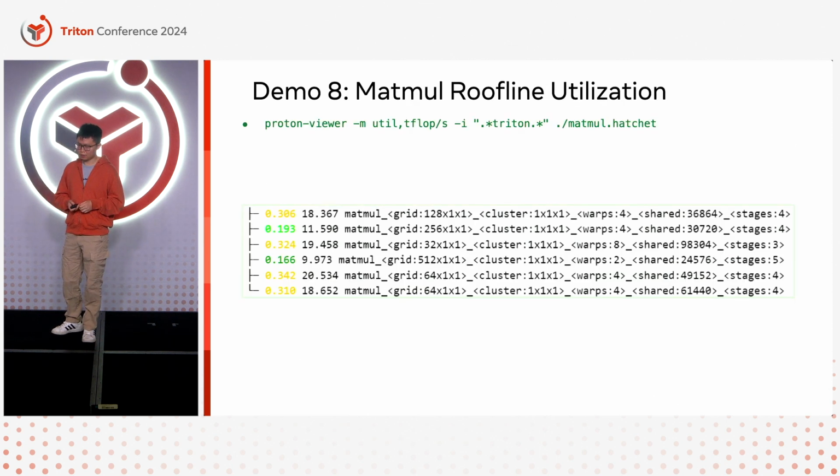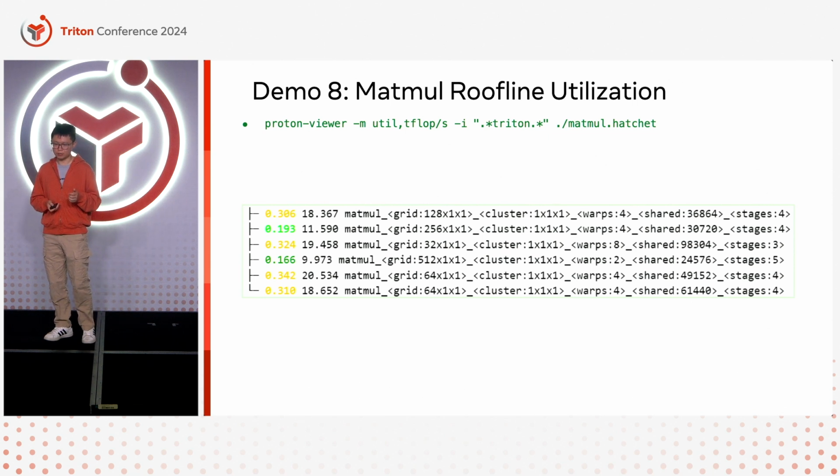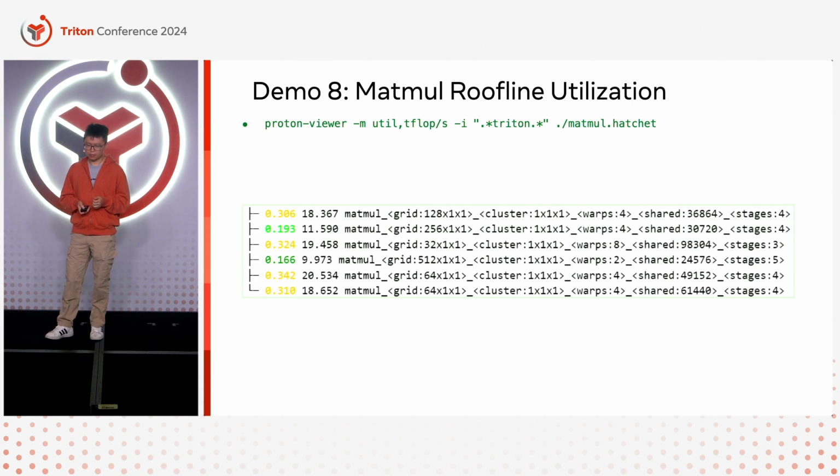After that, we are just going to use the same metadata function as we defined before. The only change here is that we are going to supply another metric, which is the utilization metric. We are going to visualize two metrics, the utilization and the teraflops per second.